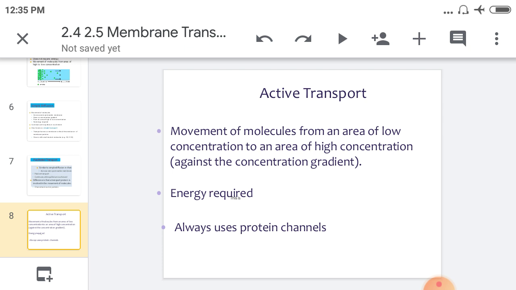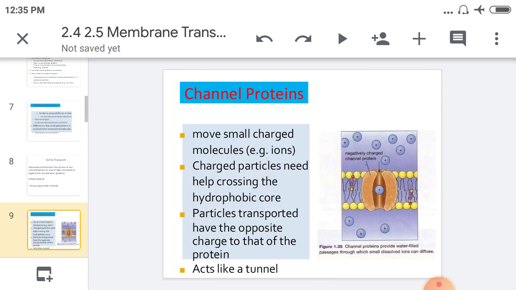It means energy is required and protein channels are always used. In the body of all living organisms, most of the cells are surrounded by different types of fluid, and they maintain unequal concentration of molecules or ions inside the cell and outside the cell. And this is done by active transportation only.